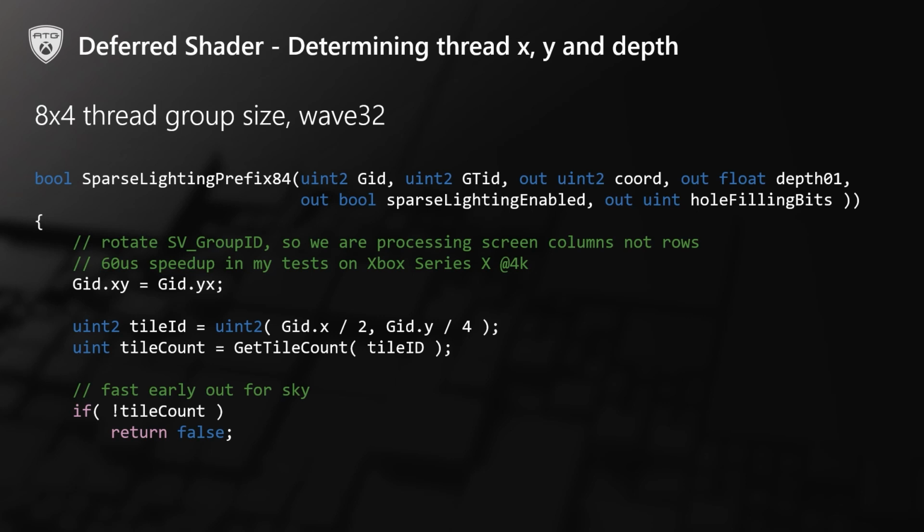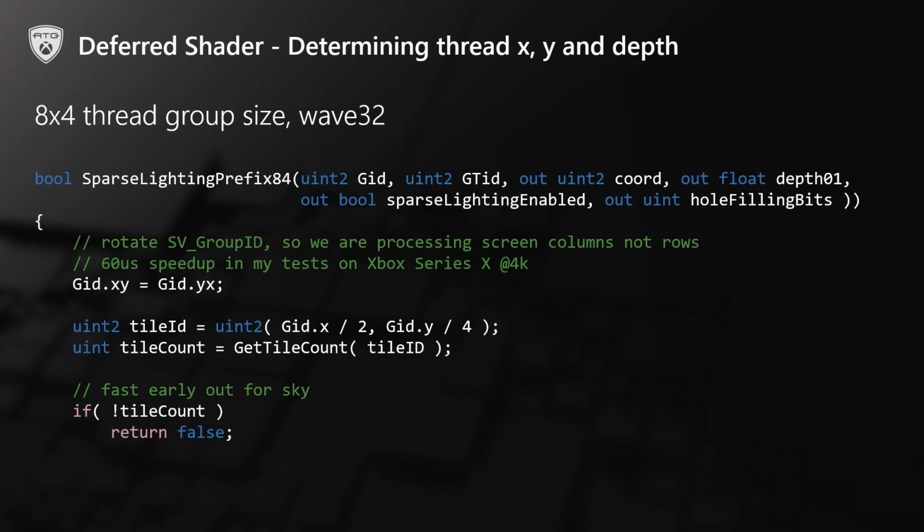So what I found is that by processing the render target in columns rather than rows, this got more waves doing useful work earlier, rather than backloading all the work. And this is worth 60 microseconds in my test, so this is well worth having. This does mean you swap the dispatch X and Y dimensions as well on the CPU.